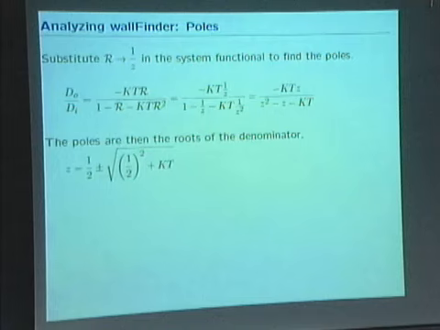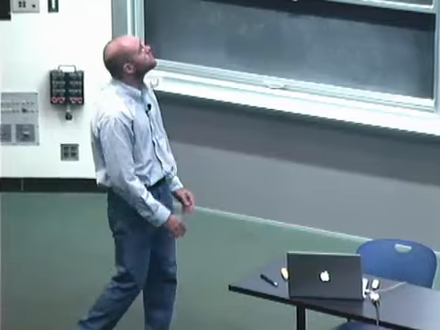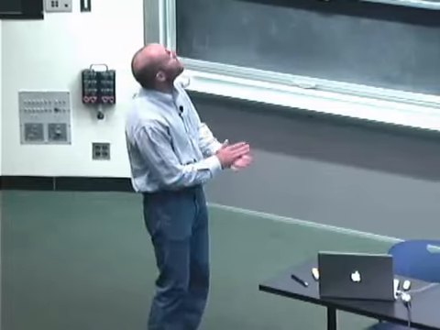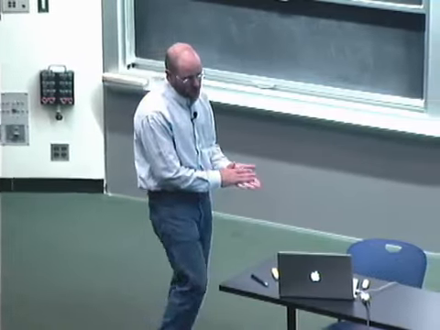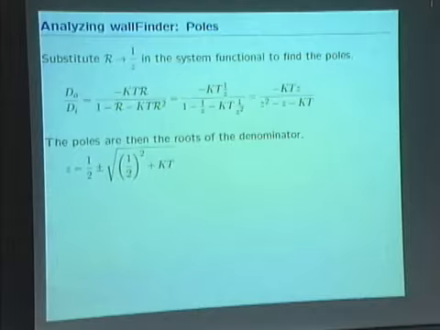Okay, so if we want to find the poles of that system, right, we can just go ahead and factor the quadratic form in the denominator. The roots of the denominator look something like this, which is a little ugly to think about, but we can think it through.